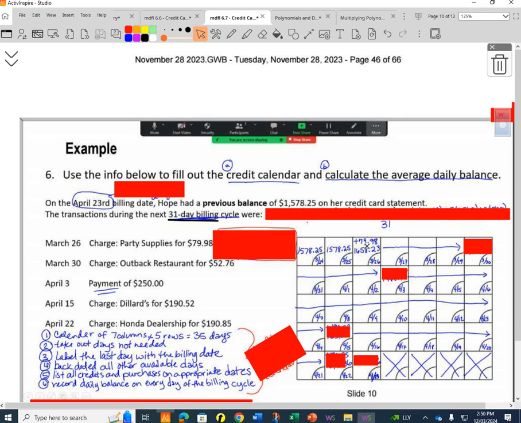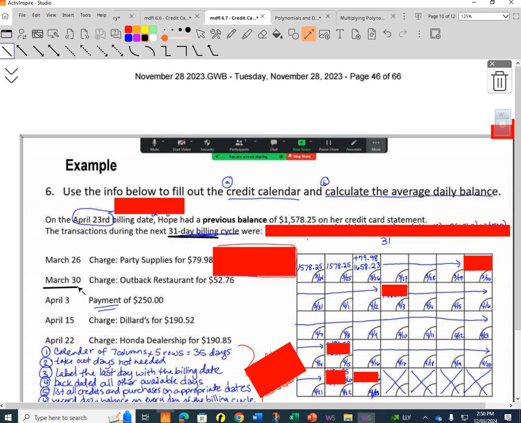So now her balance is the sum of her previous balance plus that charge. She doesn't charge anything else on her card until March 30th, so her balance stays the same until March 30th. So all of these days have a balance of $1,658.23. For 2 days it was this amount, for 4 days it's this amount.